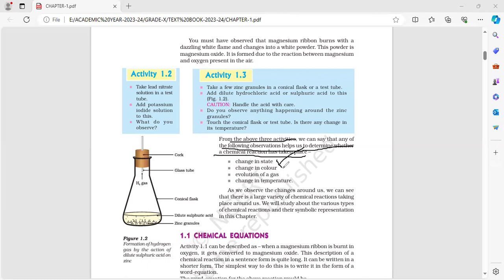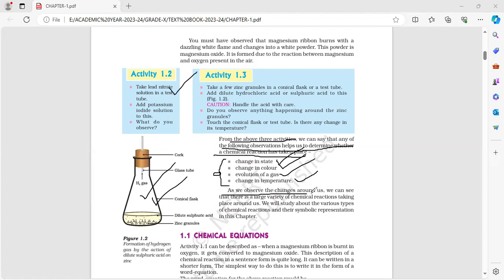Color also changed, right? In activity 1.2, color changed to yellow. Evolution of gas: activity 1.3 is an example. Which gas is coming out of it? Hydrogen gas. And change in temperature: in the same activity, temperature is also changing, so it is an exothermic reaction. So from these three activities, 1.1, 1.2, 1.3, we have seen these four changes have happened, right?